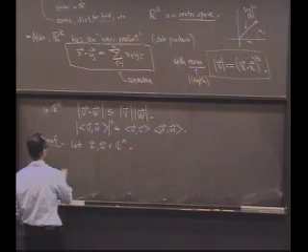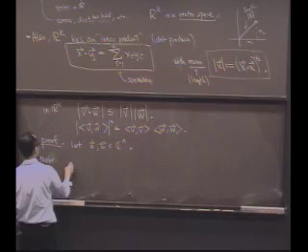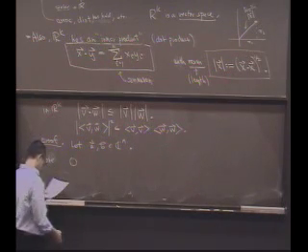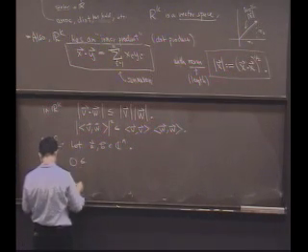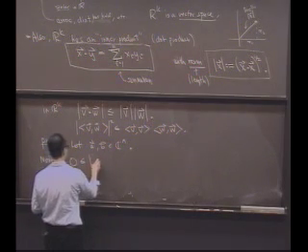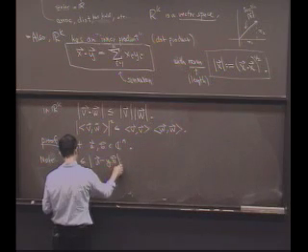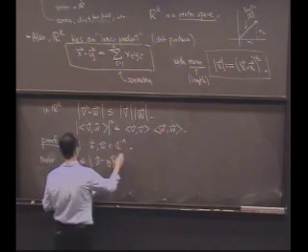So the first thing that I want you to notice is it's very clear that 0 is less than or equal to the following quantity: A minus YB in length squared.